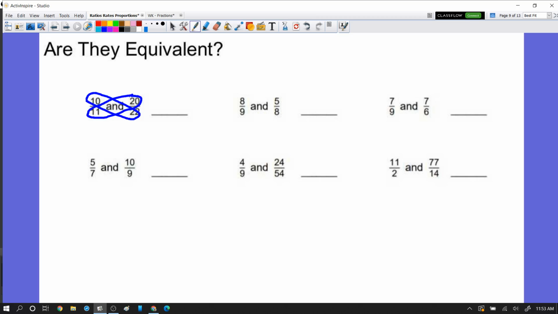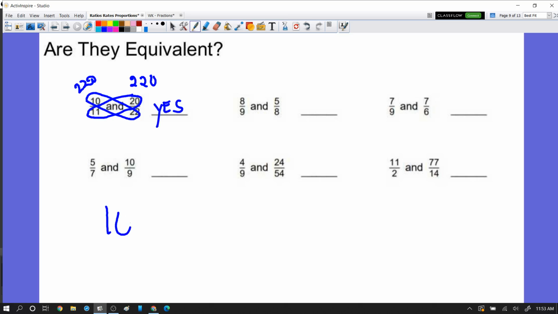So 10 times 22 is 220, and 20 times 11, I don't think is 220. I'm going to check though. 20 times 11 is 220. Okay, so if that's the case, yes, these are equivalent.